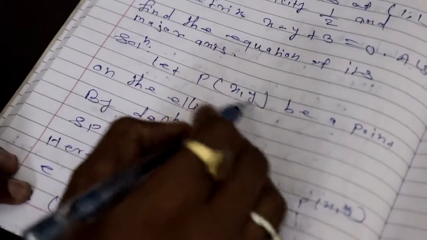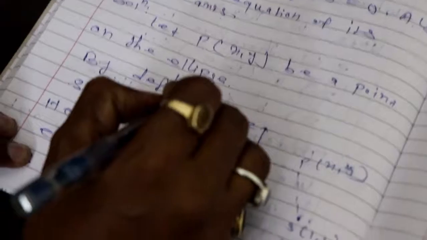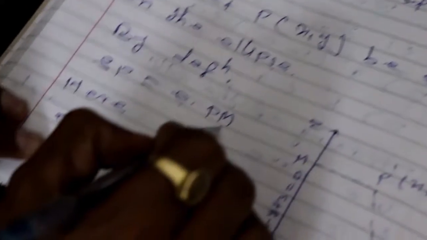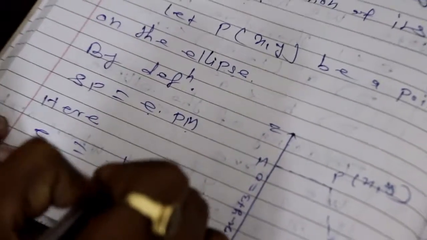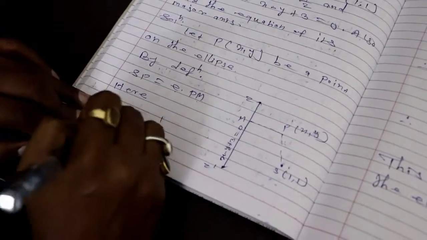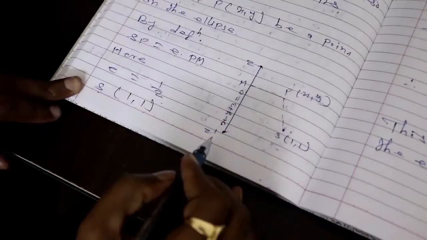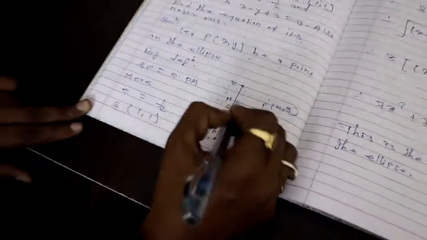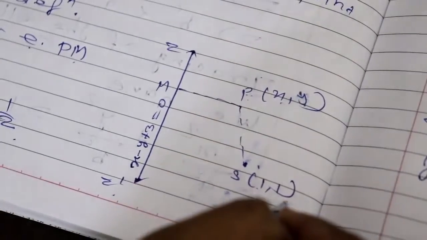Let P(x, y) be a point on the ellipse. By definition, SP = e·PM. Here e = 1 upon 2, S is (1, 1), and P is (x, y).